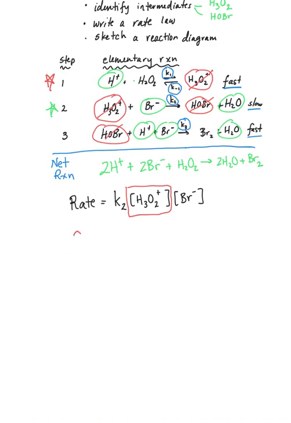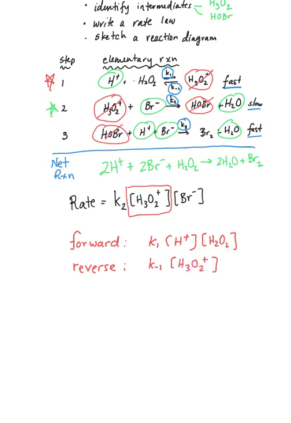In other words, the forward reaction that produces H3O2 plus has some rate that's given as K1, the rate constant for the forward reaction, multiplied by the concentration of H plus cation and by the concentration of hydrogen peroxide. The reverse direction that consumes that product has a rate that's governed by K minus 1, the rate constant for the reverse, multiplied by the concentration of H3O2 plus.